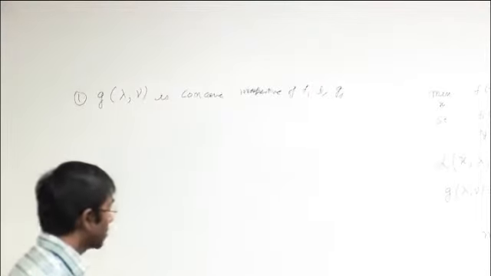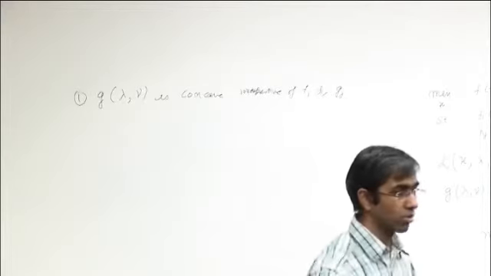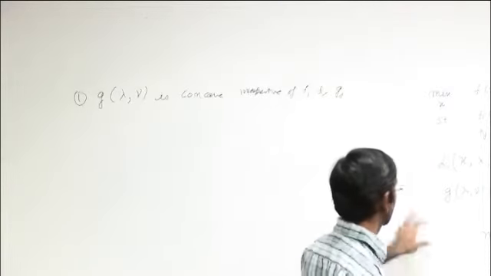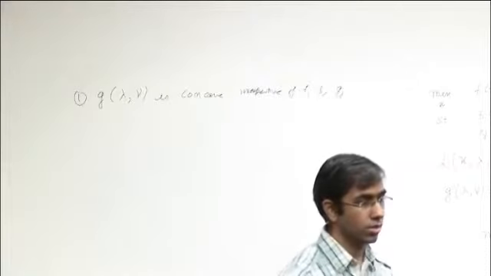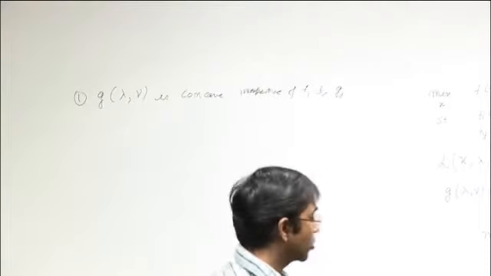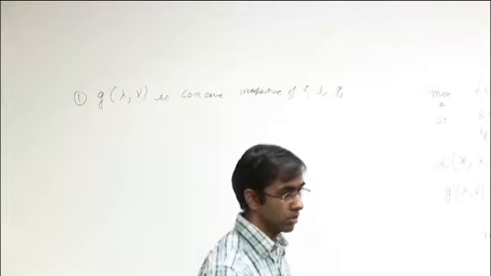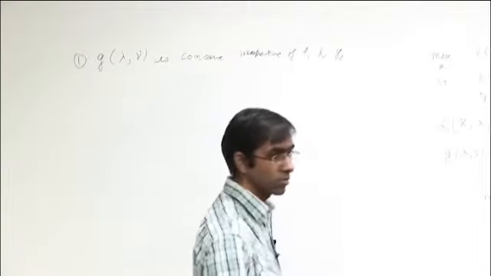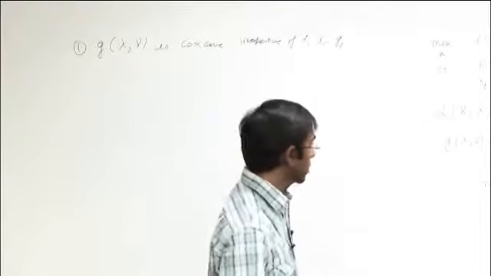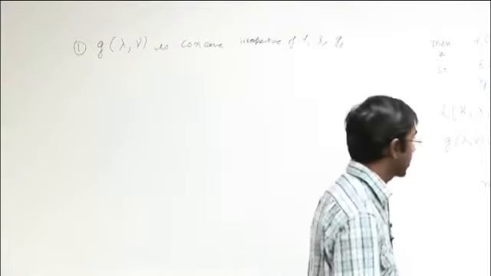So can anyone tell me why is it so? Why is g(lambda, nu) a concave function? A concave function is essentially the negative of a convex function. If I take the negative of g(lambda, nu), this will be the maximization of the negative thing, right?